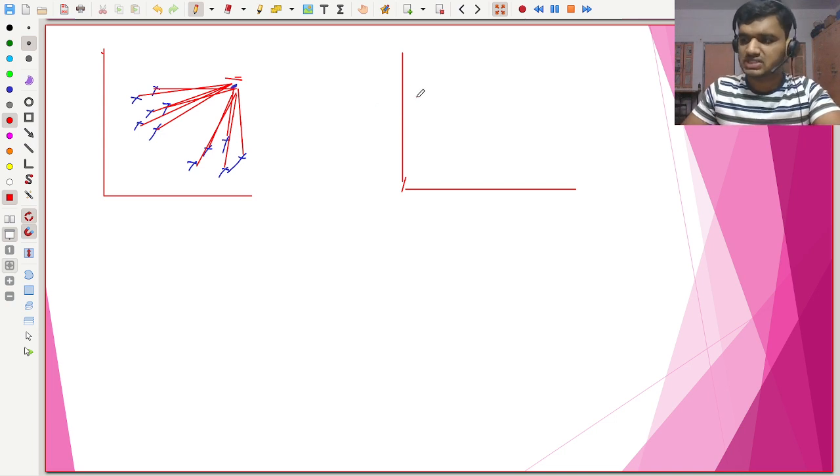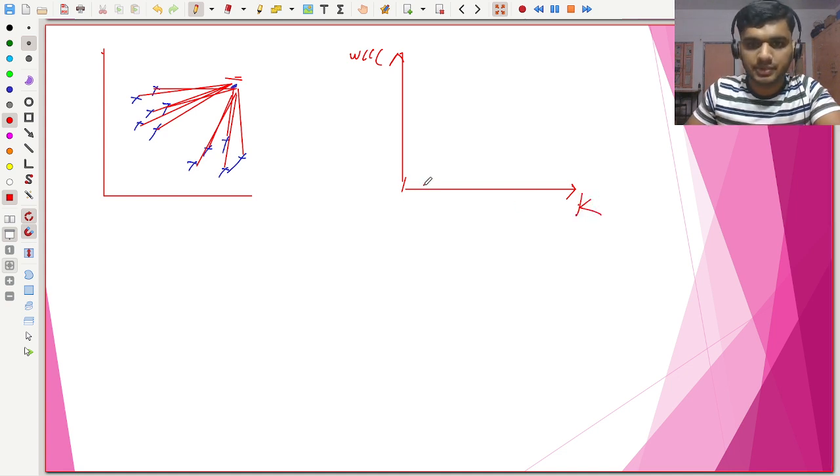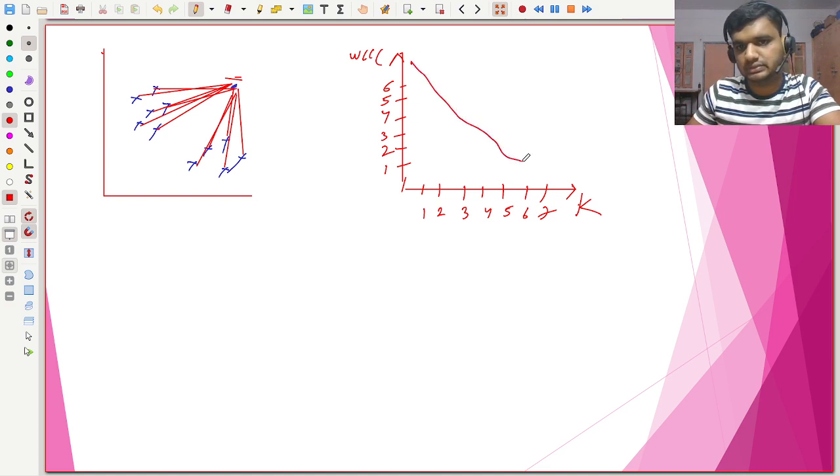Similarly, if you calculate, that is your WCSS, for different values of k, 1, 2, 3, 4, 5, 6, 7, and plot it according to this formula, you get the elbow method.